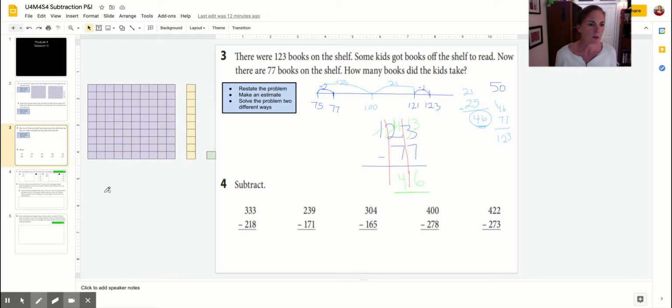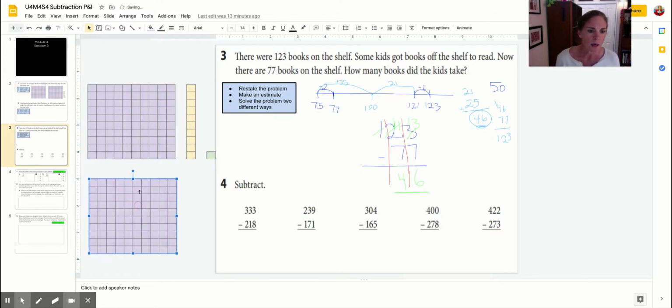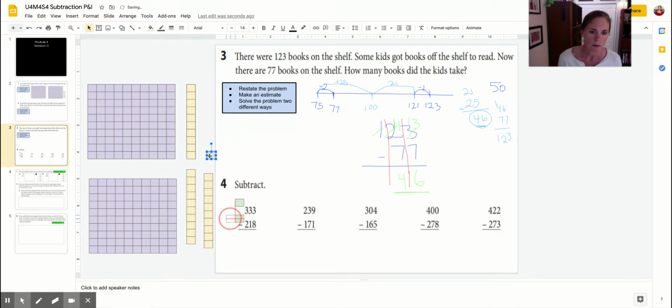We could do this with the blocks, and let's do that just to show once again. So we can just cover this up. 123, do it right here. 100, 1, 2, 3. All right, well, the first thing I would have to do is cash in 10, which I did right here.